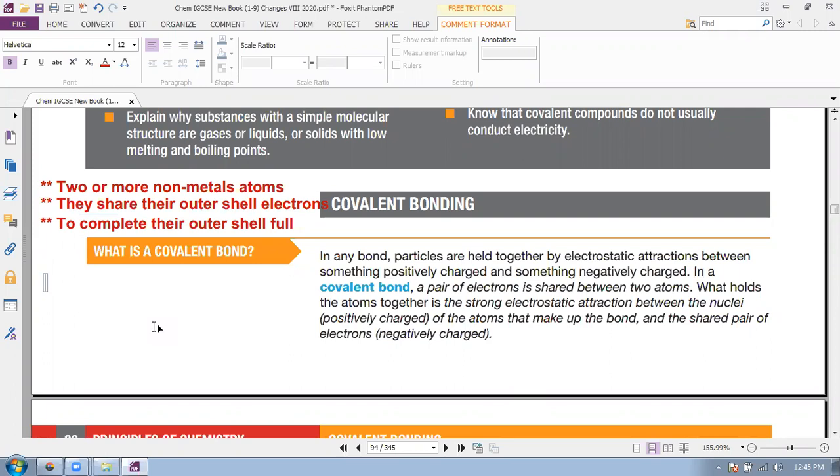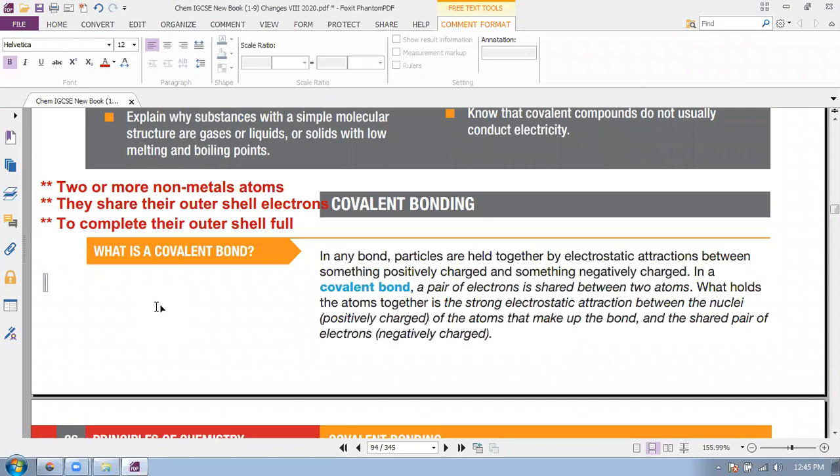And most of the elements, if they have 8 electrons in their outer shell, we say that the outer shell is full. For example, if hydrogen is in covalent bonding, hydrogen needs 2 electrons in its outer shell to make it full. And if it is such as sodium, magnesium, aluminum, they need to make 8 electrons in their outer shell to make it full.